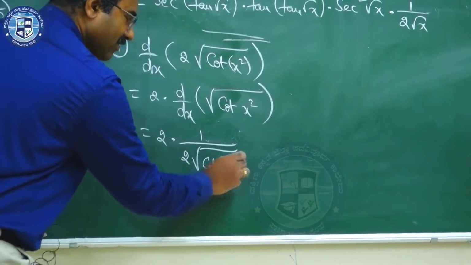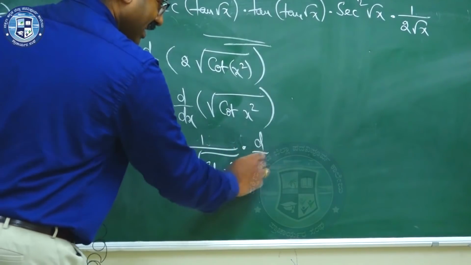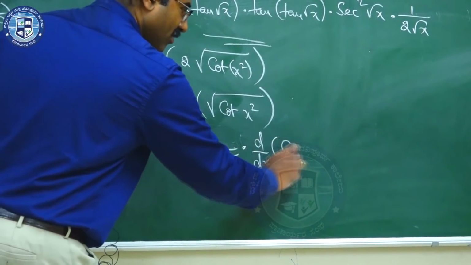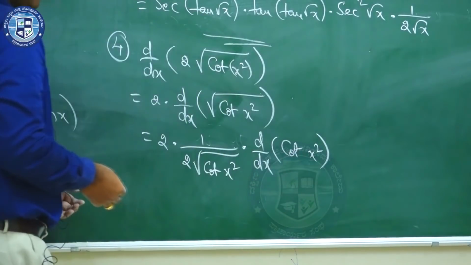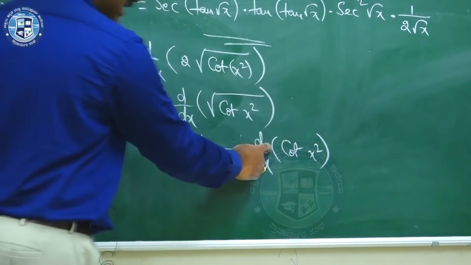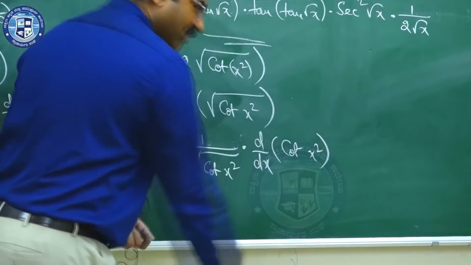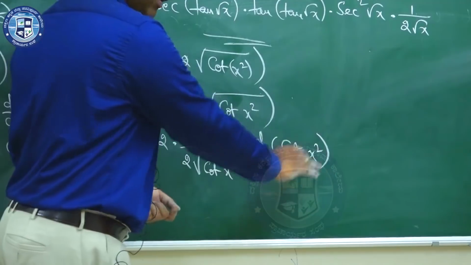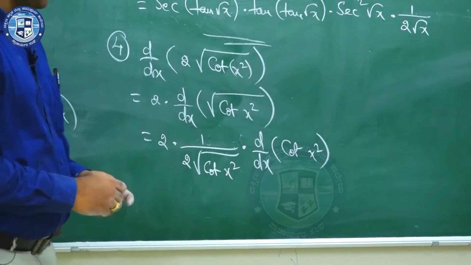2 root x is not x now, we are assuming as x we are doing, into d by dx of whatever you assumed as x, that you consider its derivative, d by dx of cot x square. So, what is d by dx of cot x? Let it be whatever it is present inside, you assume as x. Differentiation of cot x is minus cosecant square x.